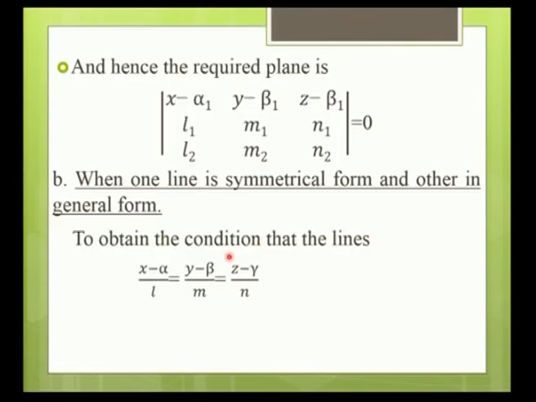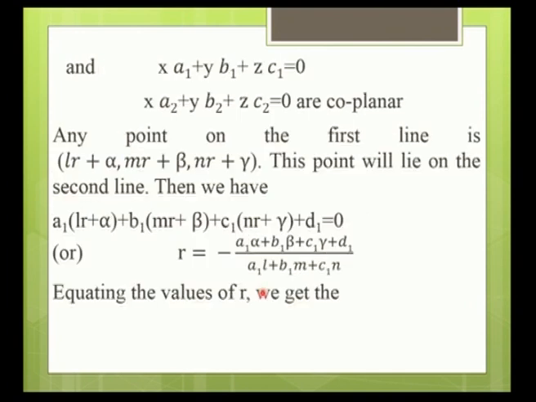Then the next thing is when one line is in symmetrical form and the other in general form. To obtain that condition, the lines (x minus alpha)/L = (y minus beta)/M = (z minus gamma)/N, and A1x plus B1y plus C1z plus D1 equal to 0, A2x plus B2y plus C2z plus D2 equal to 0 are coplanar.